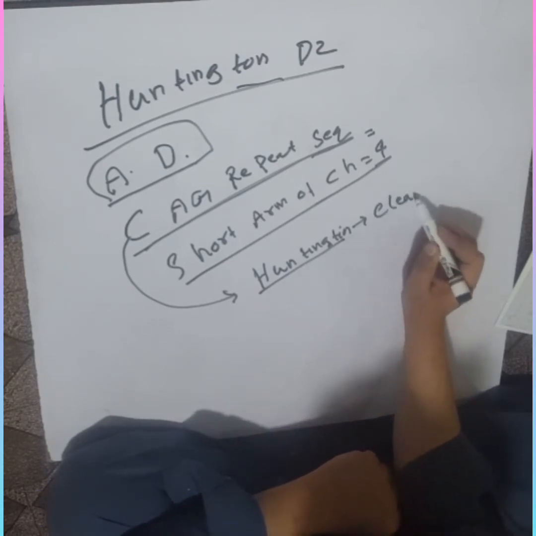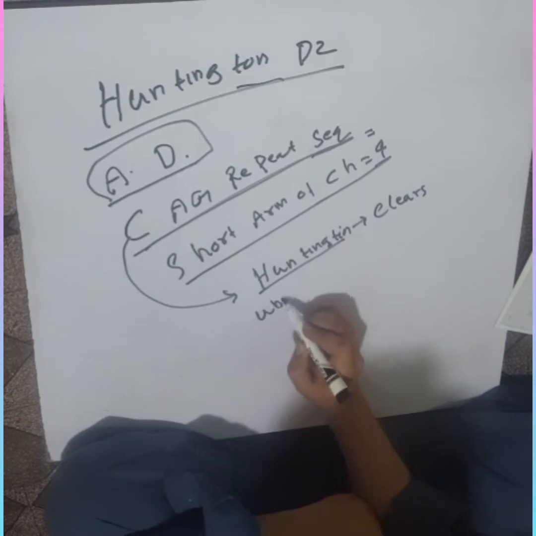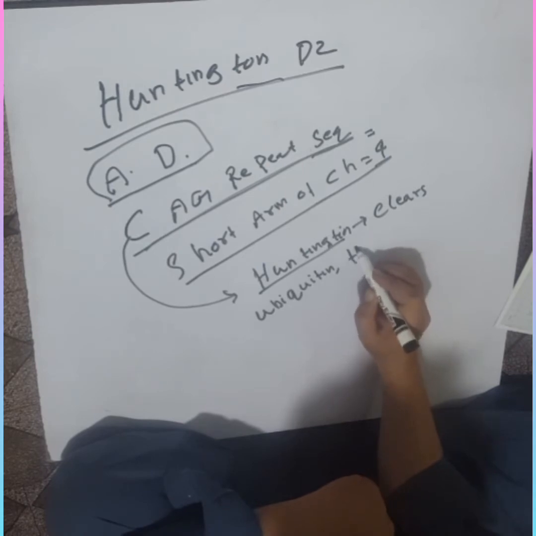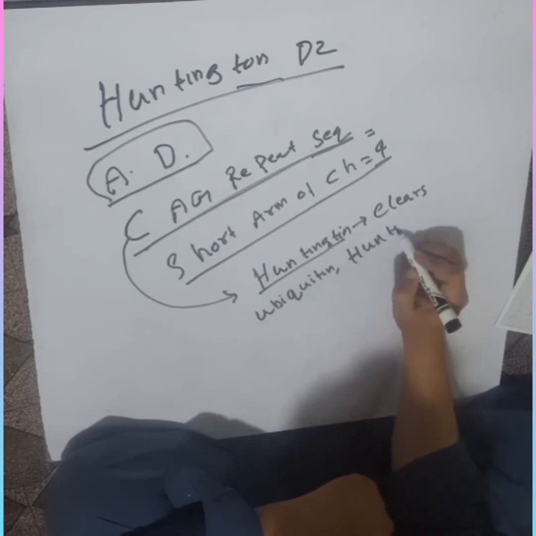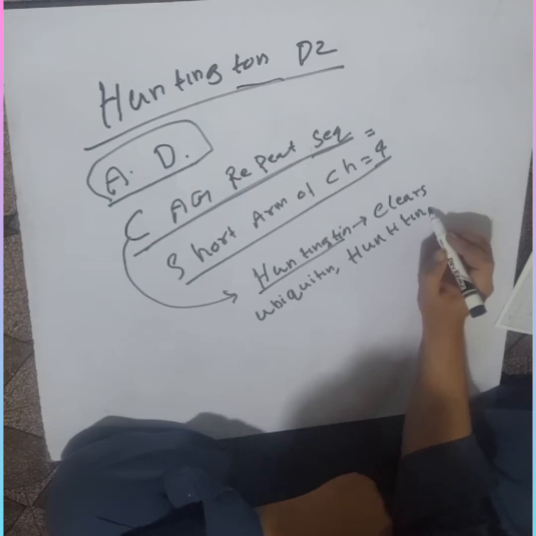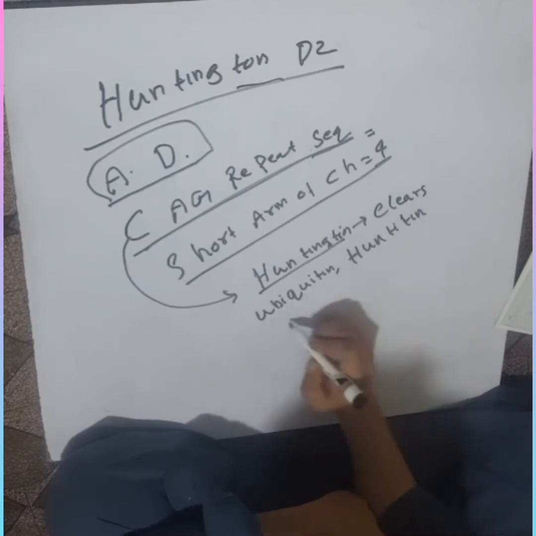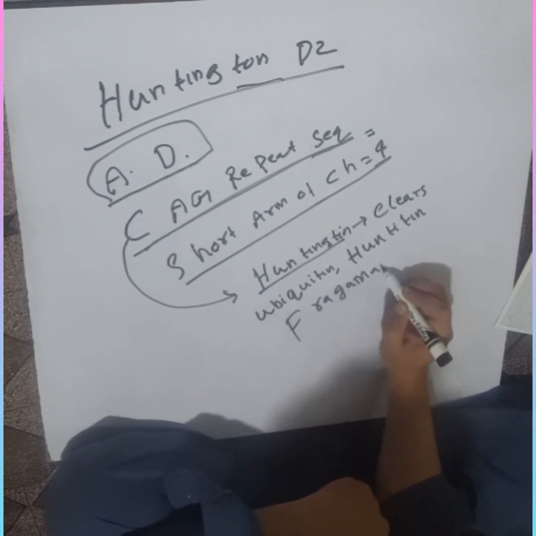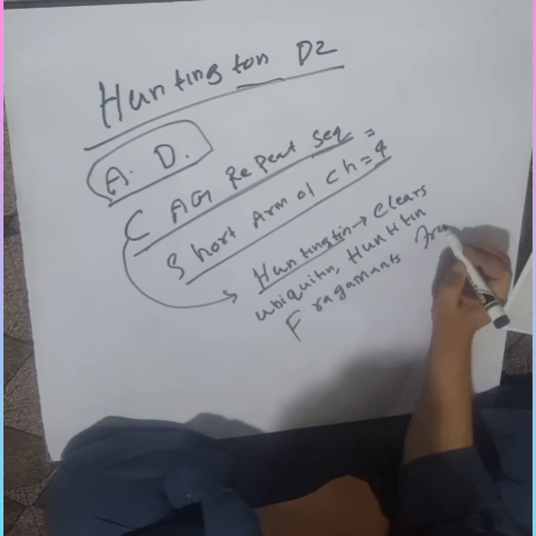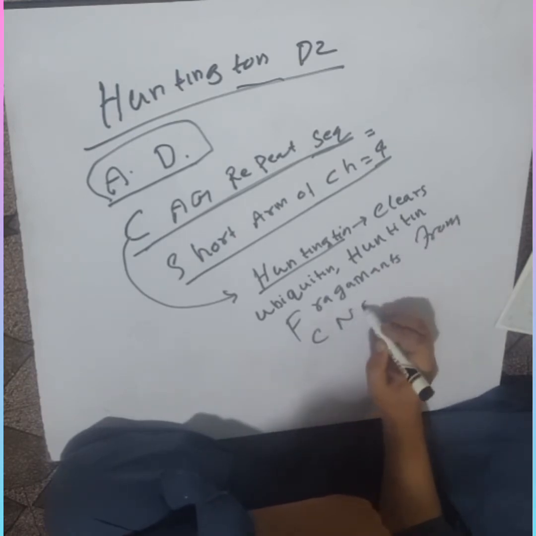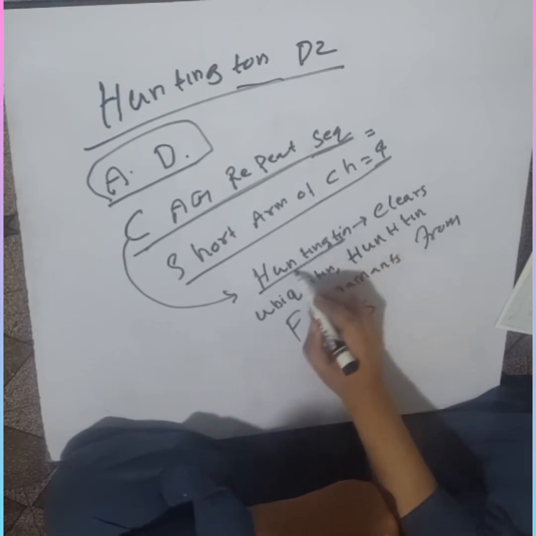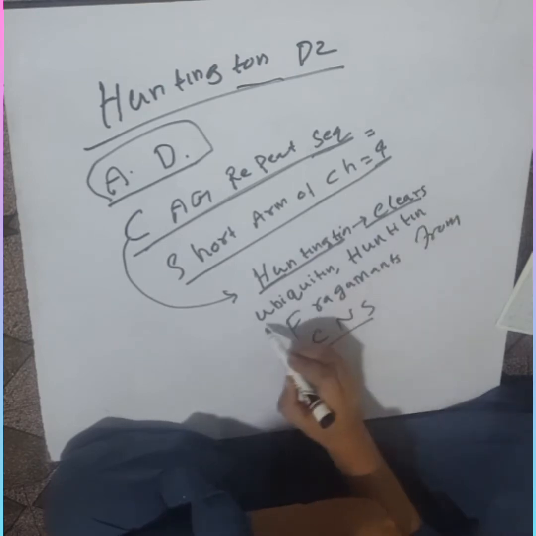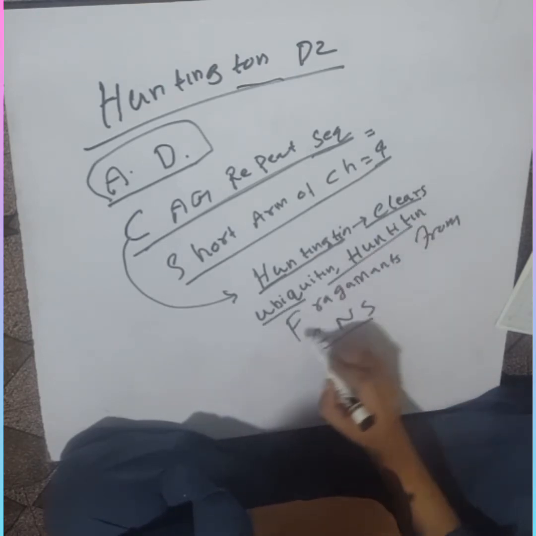This Huntington protein is present all over the brain, and its function is to clear the ubiquitin and Huntington fragments from the CNS.